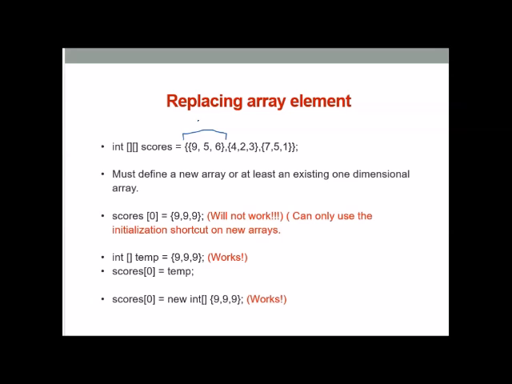In this case, we don't have to use the new keyword because we're declaring a new integer array here. Or we could do scores[0] = new int[]{9, 9, 9}. These are the only two things that work if we wanted to replace a whole row of a 2D array.